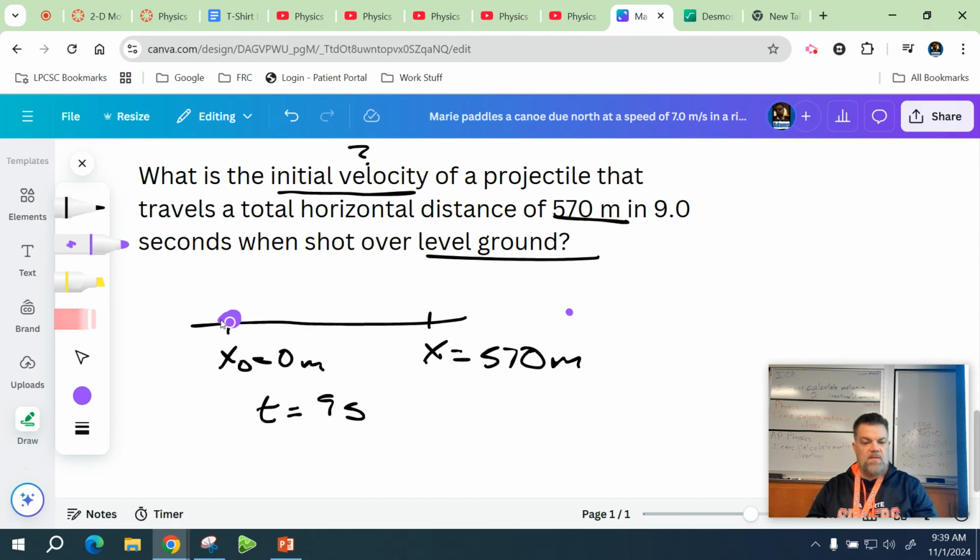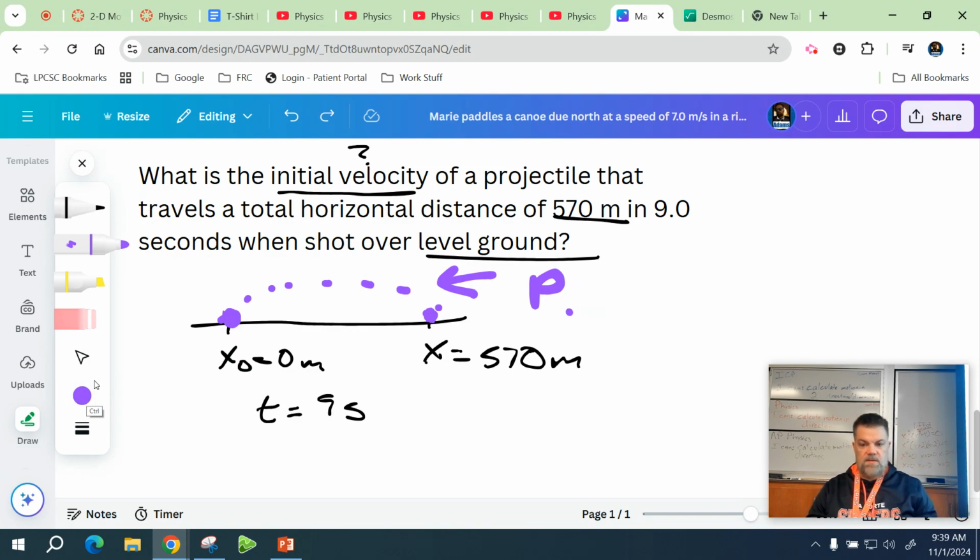So I have this projectile. I don't know what it is, but it just kind of goes through the air like this. By the way, that shape is a parabola. Oh shoot, I don't want that.